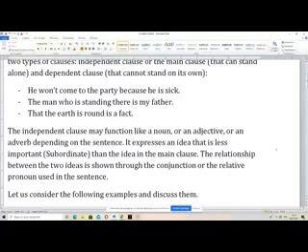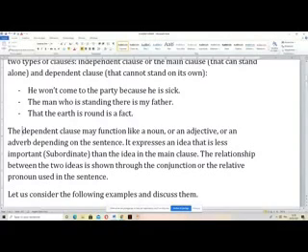The dependent clause, not the independent, because the independent is the matrix, the dependent clause, which means the subordinate clause, may function like a noun or an adjective or an adverb, depending on the sentence. So the dependent or subordinate clause expresses an idea that is less important or subordinate than the idea in the main clause. This is what I have explained.